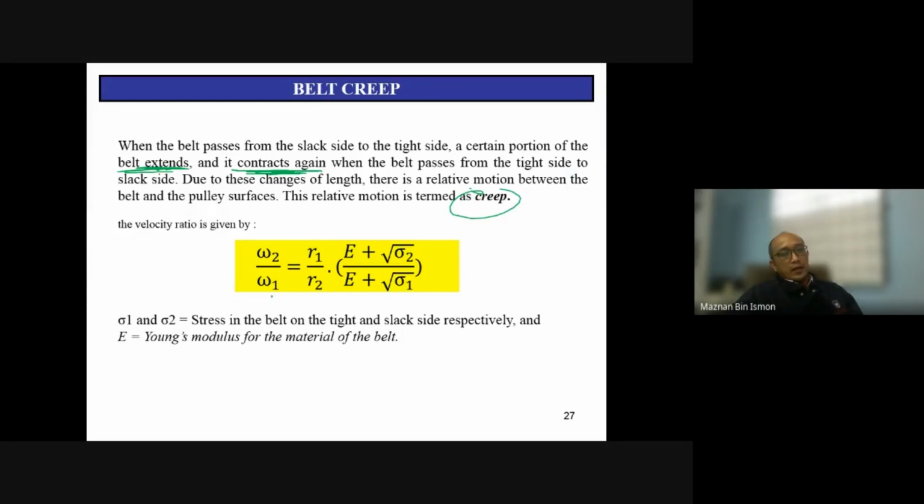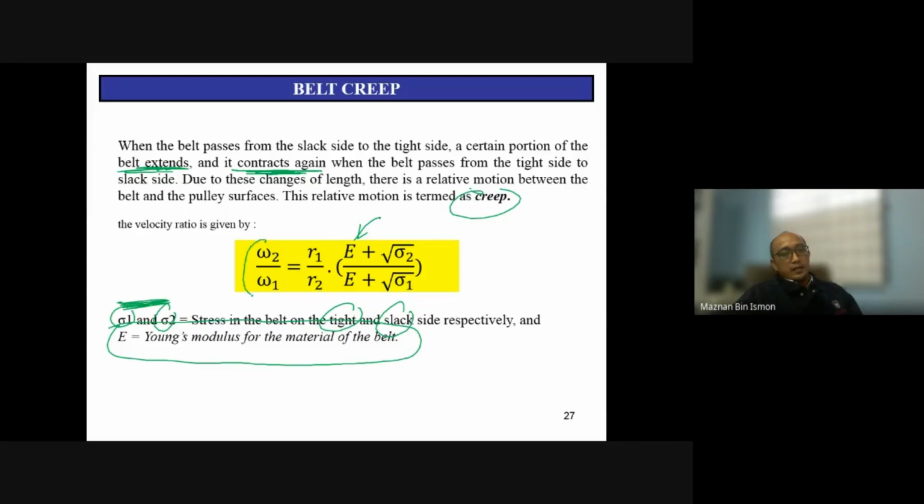So the idea is, if there is creep, you know the stress of the belt on the tight side and the slack side is this one. And then you know the Young modulus of the belt, so you can get the ratio.